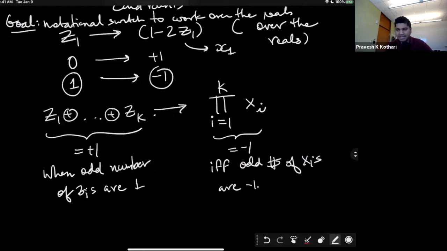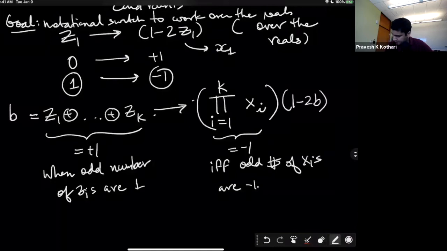So what have we done? We have mapped a k-sparse linear equation into a degree k monomial. So it's a degree k polynomial equation over the reals. If we had an equation like this, with right hand side, let's call it b, then the polynomial equation becomes: the product of the xi's times 1 minus 2b equals 1. Now in this transformation, I'm going to claim equivalence.